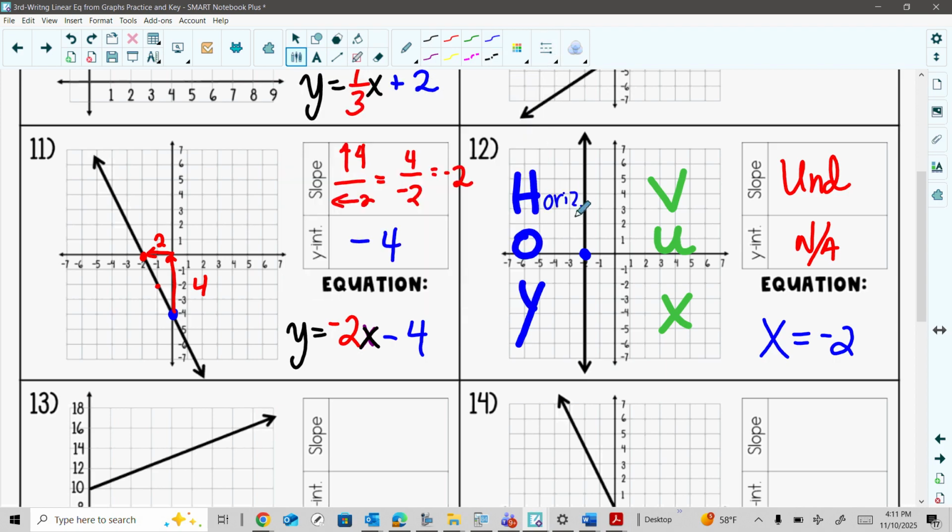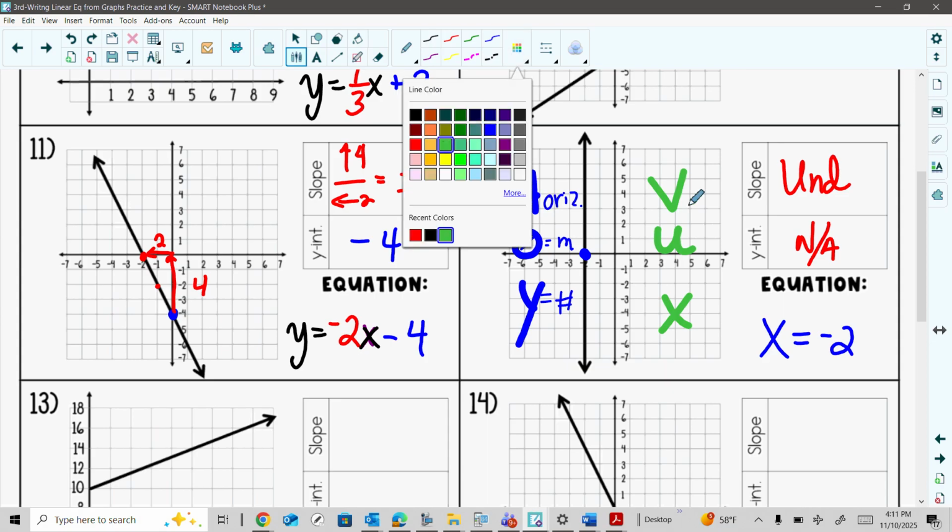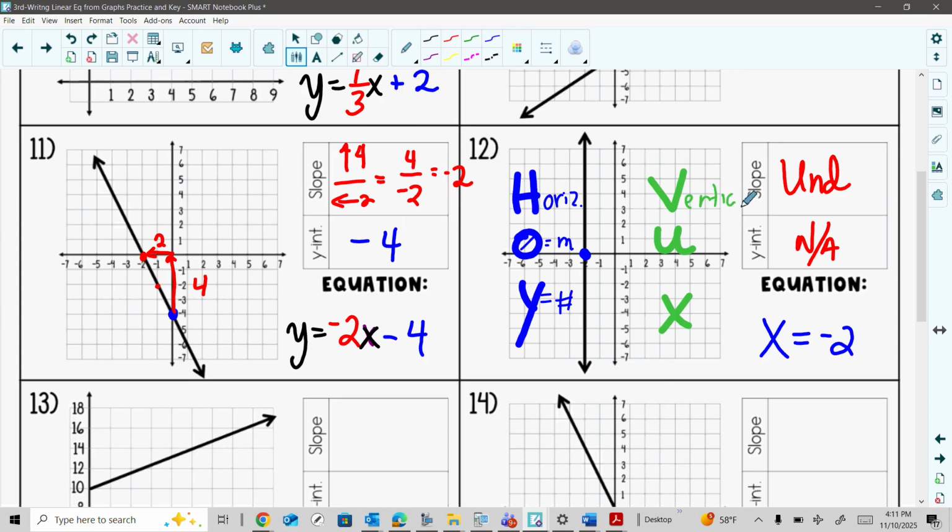I'm just going to abbreviate that. This O is actually the zero slope. That's the M. And it's y equals the y-intercept, the y number. For the V, this is for vertical. U is for undefined slope. And this is always x equals a number. That's why x equals -2 here.